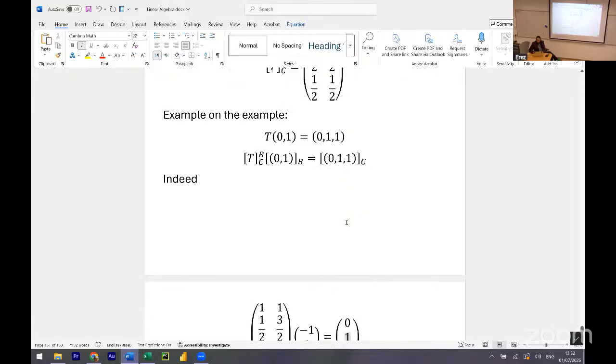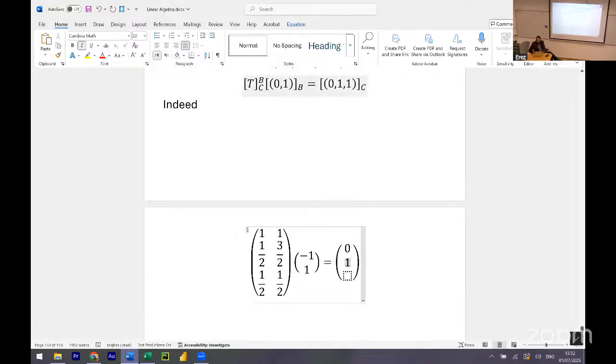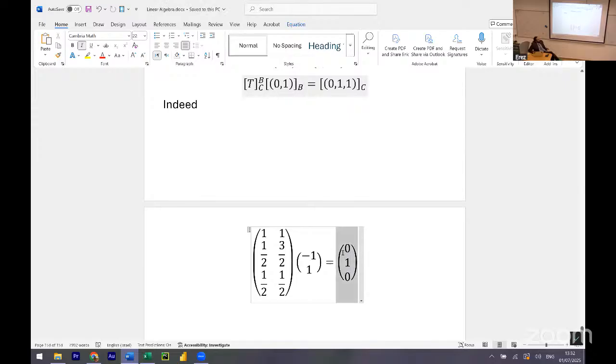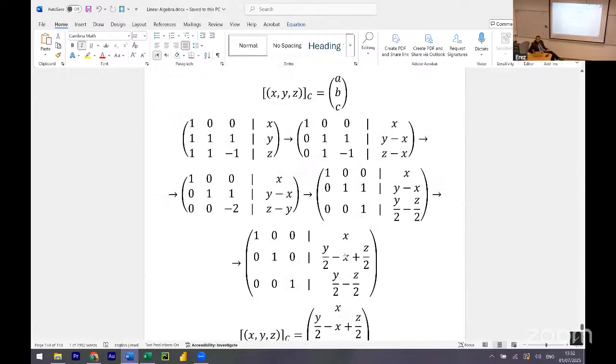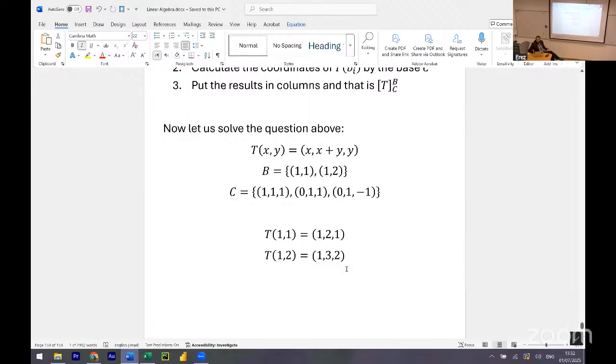Another interesting example here. Look at this. What are the coefficients here? It's 0, 1, and 0. Why am I saying this is interesting? Look at the base C. Who do you recognize within C? What a coincidence. (0, 1, 1) is here, right? So the coefficients are really easy.